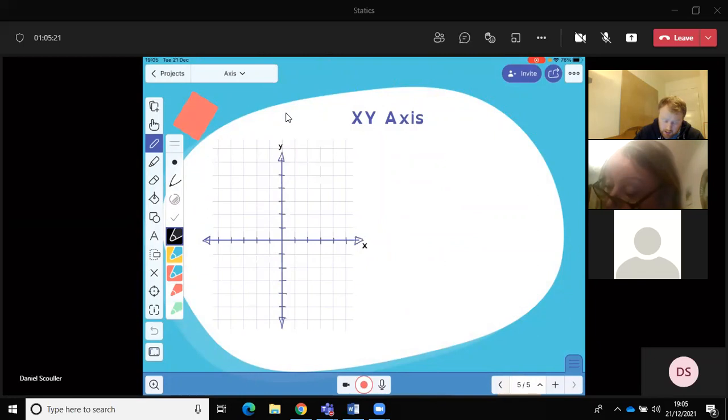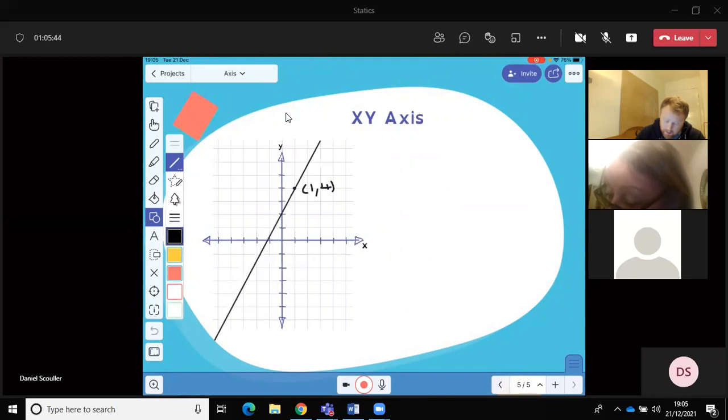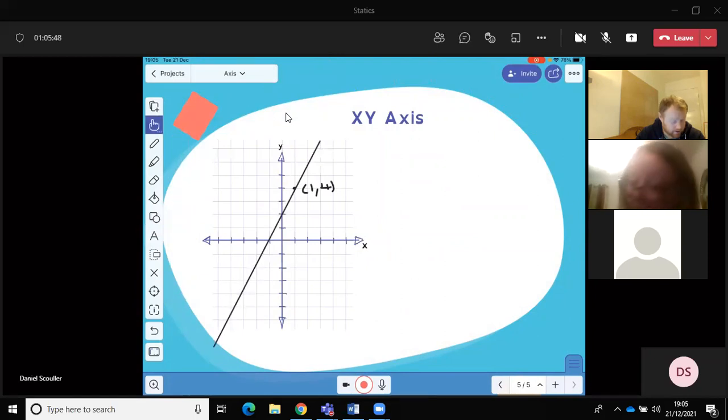We've got a straight line, with a gradient of 2.